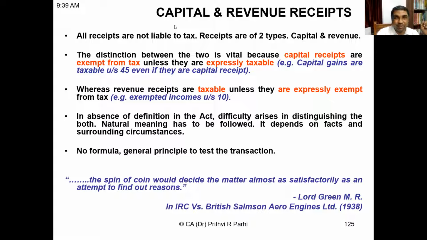Even in a previous session, someone was asking about something like alimony receipt in a divorce situation, whether it is an income or not. I think I recall that question.